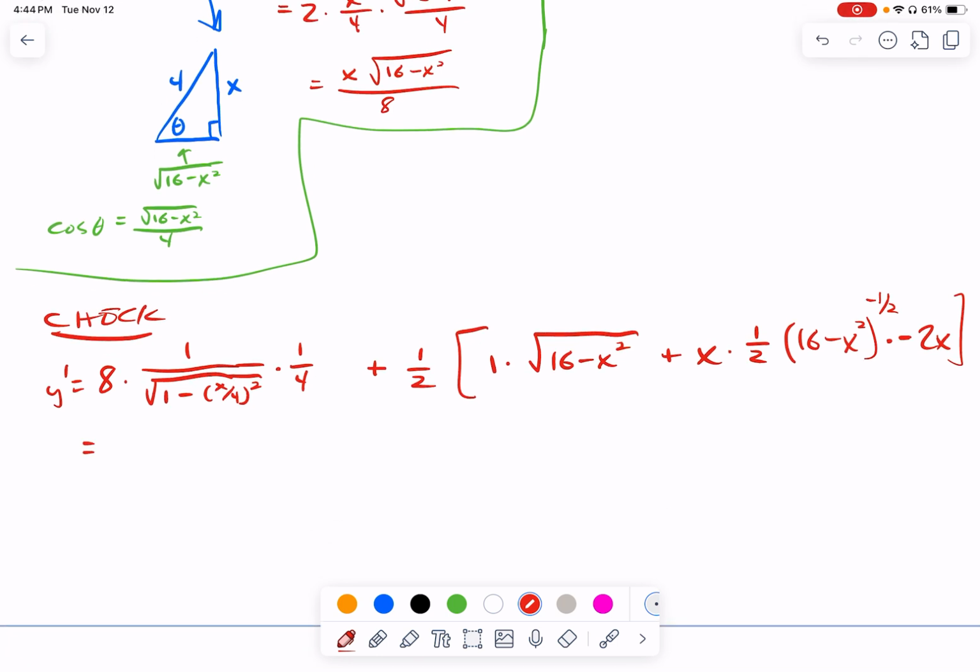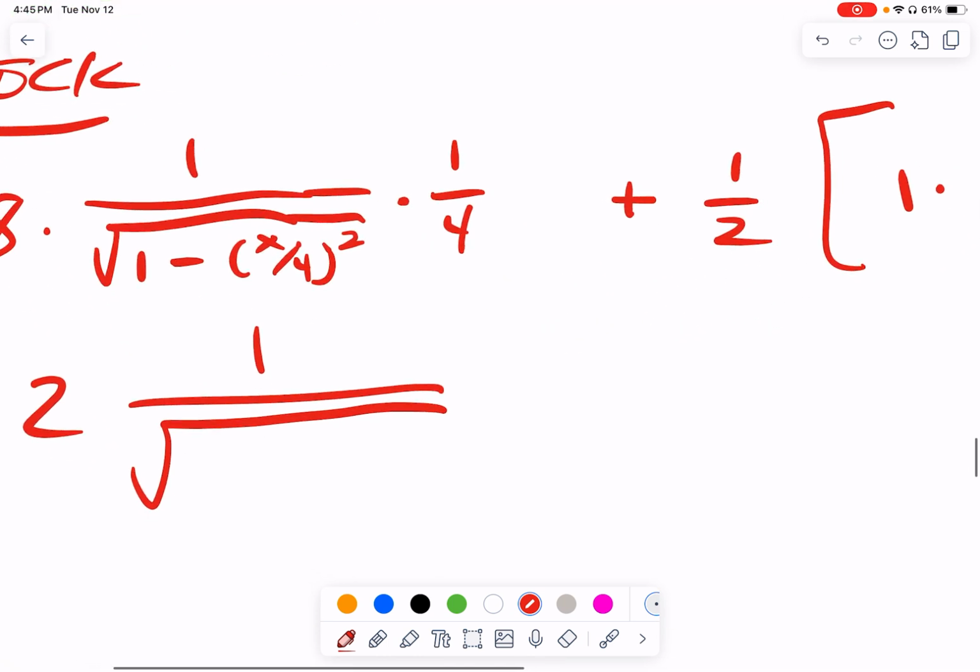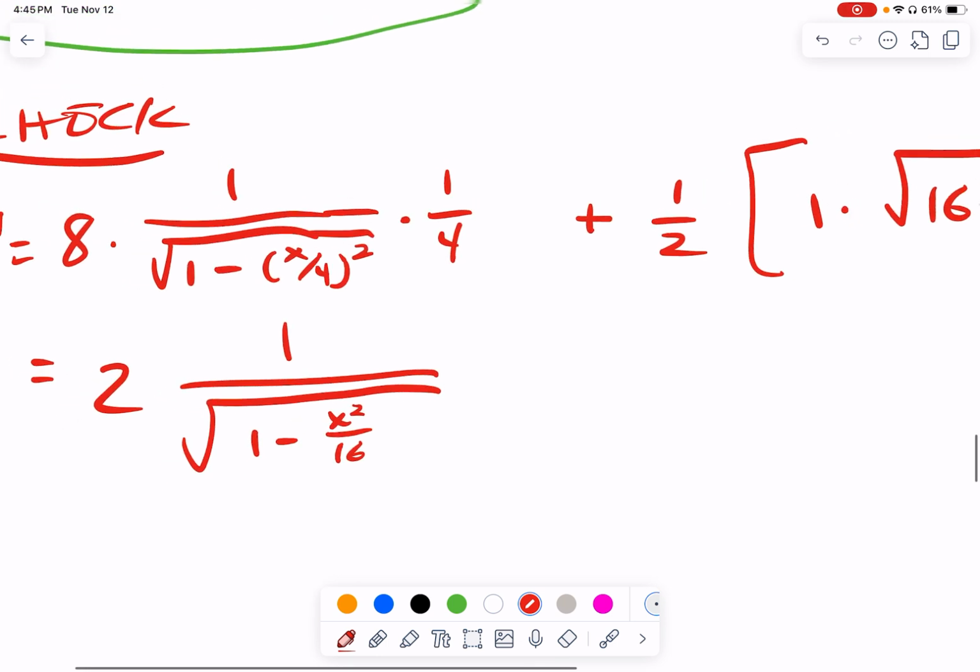So here I would have 8 over 4 is 2. And I'm going to actually try to clean this up. So I have 1 minus x squared over 16. And while I'm here, I'm going to write 1 as 16 over 16. And I'm just going to combine these. So rather than write these in all different steps, I'm kind of doing it all at once. Okay, there's more simplification to be done, but we'll leave that for now.